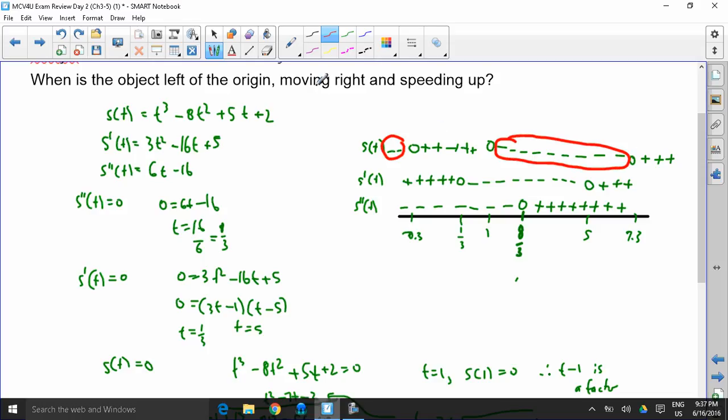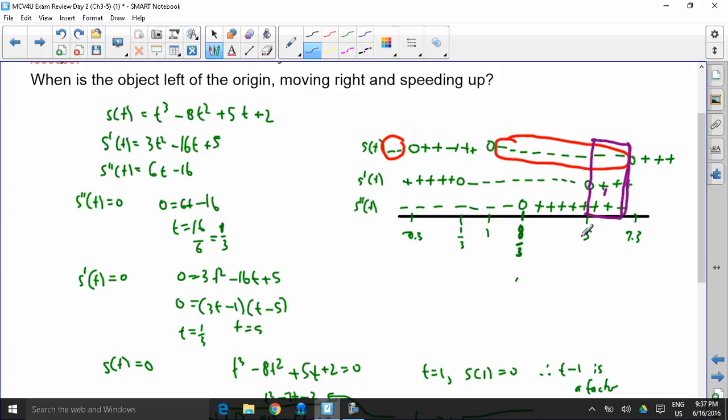So for this situation, the object met the criteria. Look at that answer. The answer was between 5.3 seconds and 7 seconds.